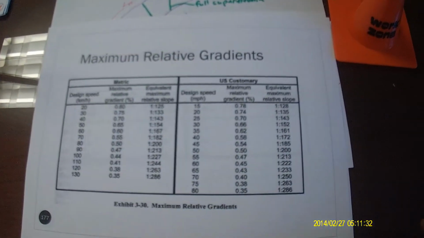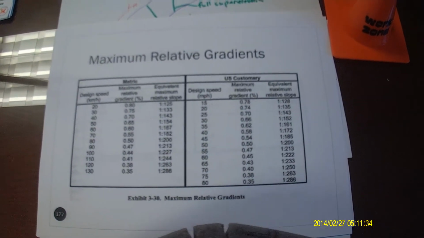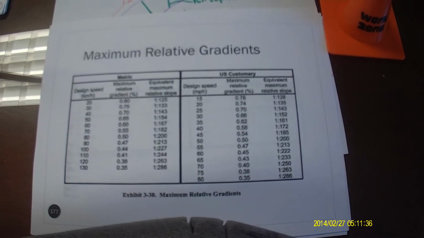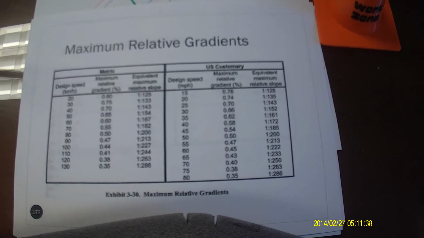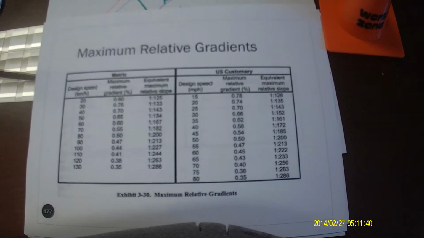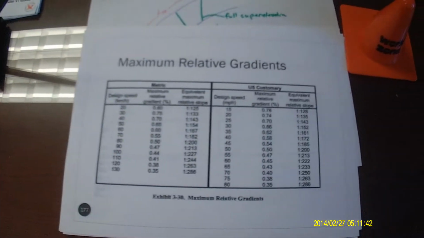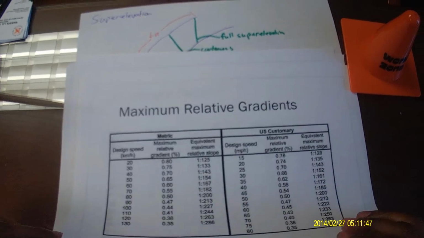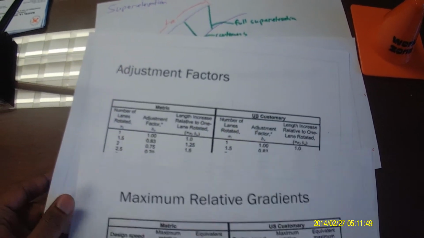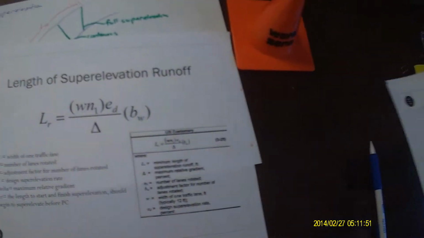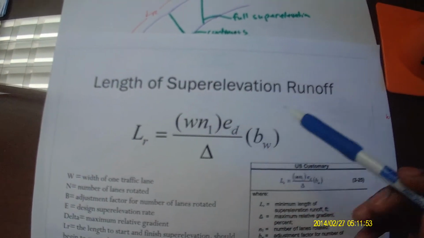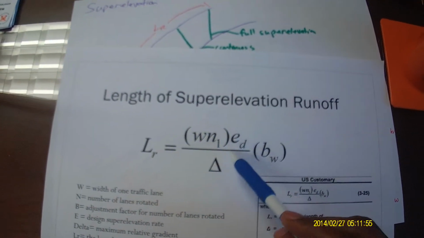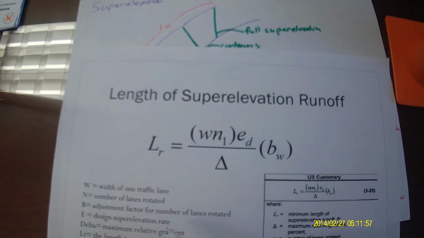For every 1 foot you're traveling up, you're moving 286 feet longitudinal. Okay, so that's pretty much the relative gradient, it gives you an indication of how fast you are changing. All right, so both of those can be retrieved from tables, and everything else has to be given to you, or you can probably figure that out from other information that's given to you.